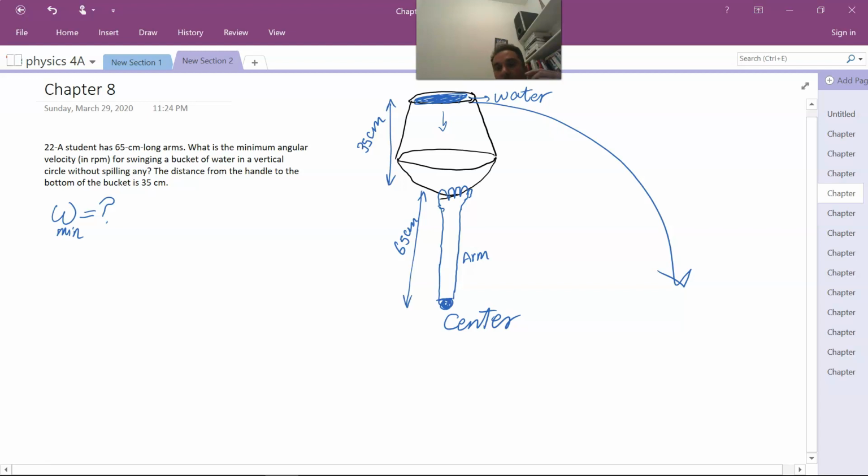Listen, the earth orbits the sun with almost 30 kilometers per second. Earth orbits the sun with an average velocity of 29 point something, so let's say 30 kilometers per second.